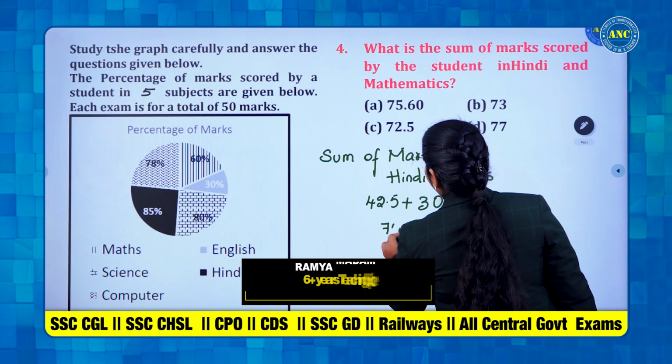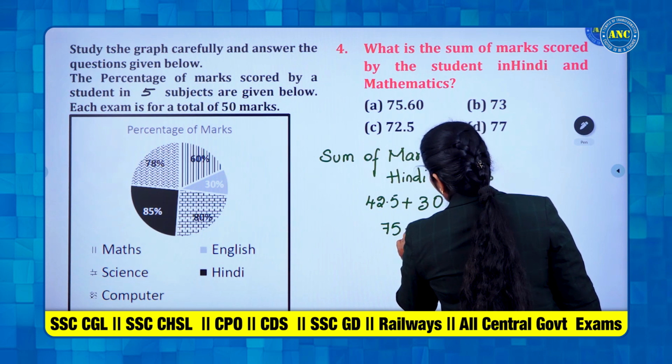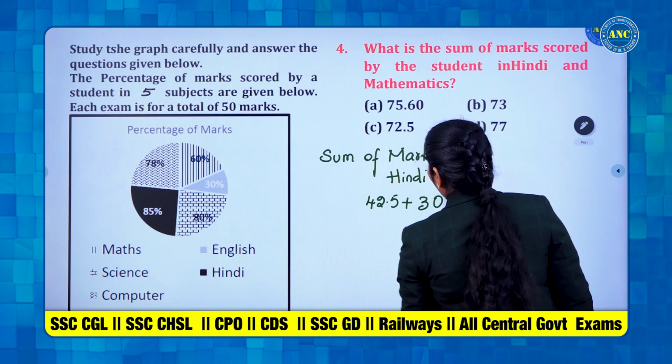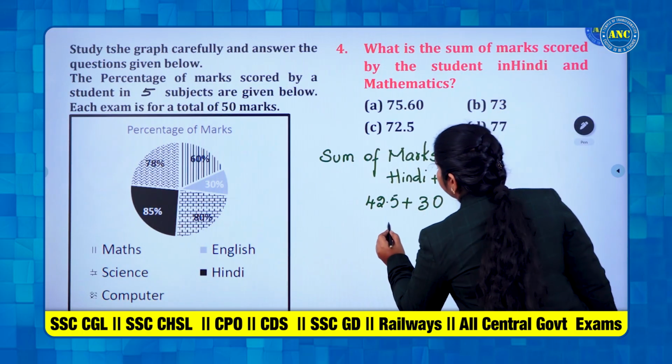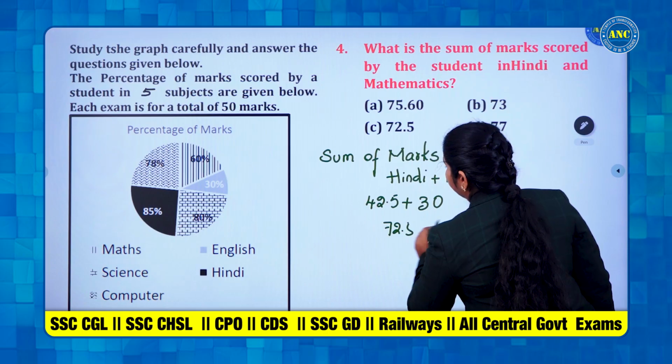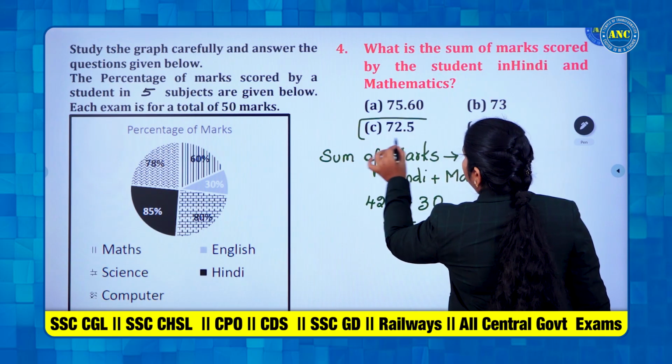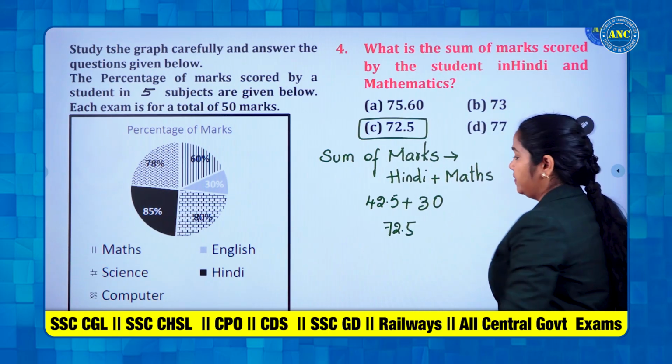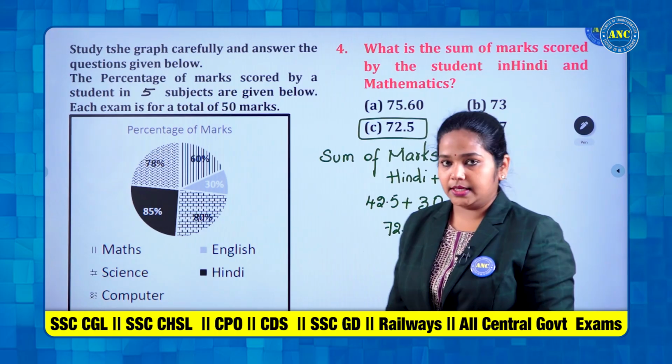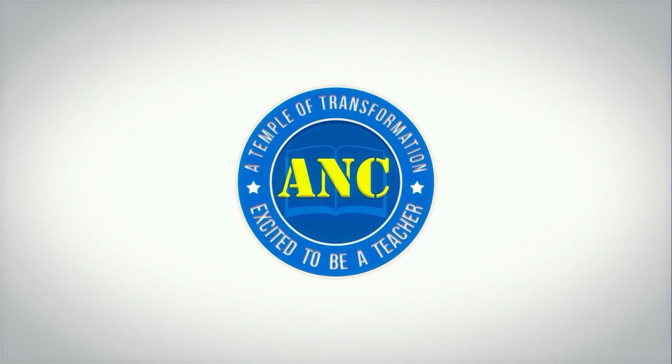It's 75 point, am I right? Sorry, 42.5 plus 30 is 72.5. Yes, option C, 72.5 is the correct answer. Are you all with me?